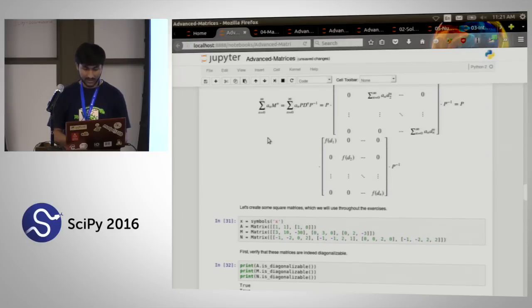And then we can calculate this P into D and P inverse.